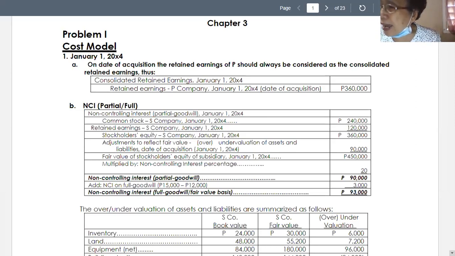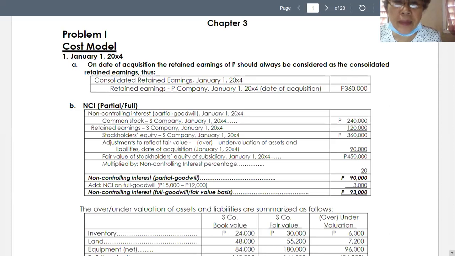And then we deduct the over or undervaluation of the assets and liabilities of 90,000. The difference is your 15,000 excess of cost over the fair value, or this is now your full goodwill.